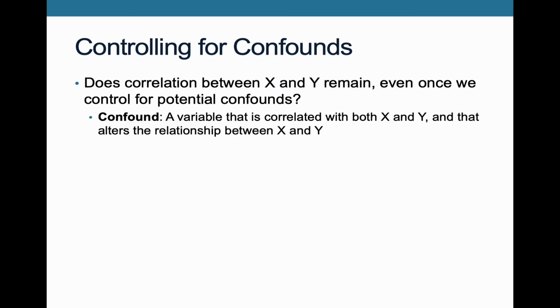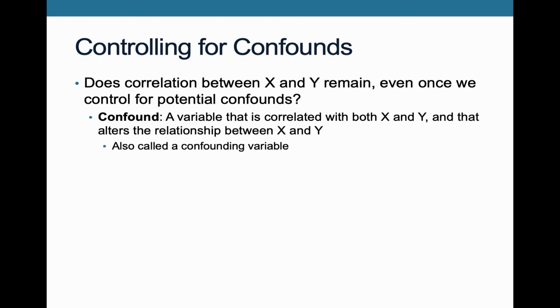A confound is some variable that's correlated with both x and y in some way, and that when you bring it into the discussion, it actually changes the relationship between x and y. Maybe once you bring it in, the relationship between x and y just goes away entirely, or maybe it's reduced. But the point is that you can't fully understand the relationship between x and y until you consider the confound.